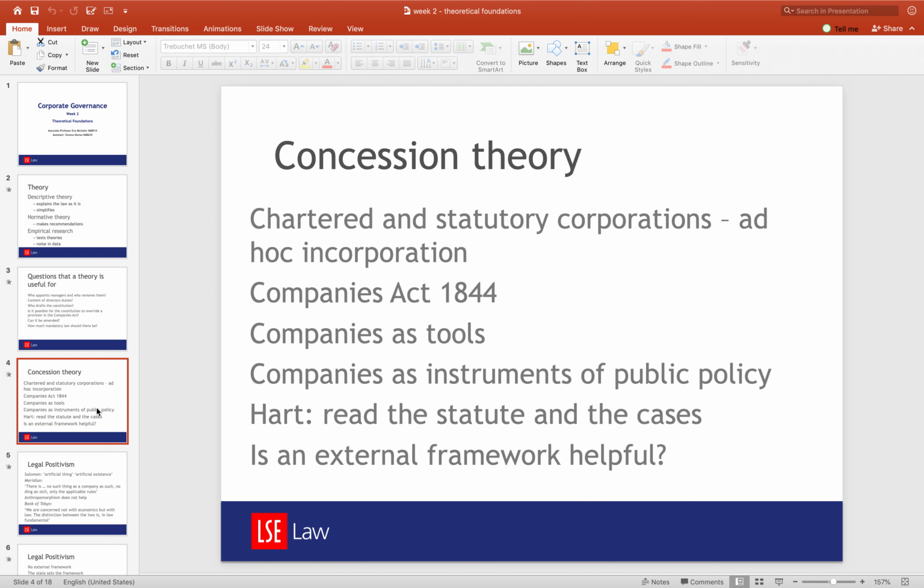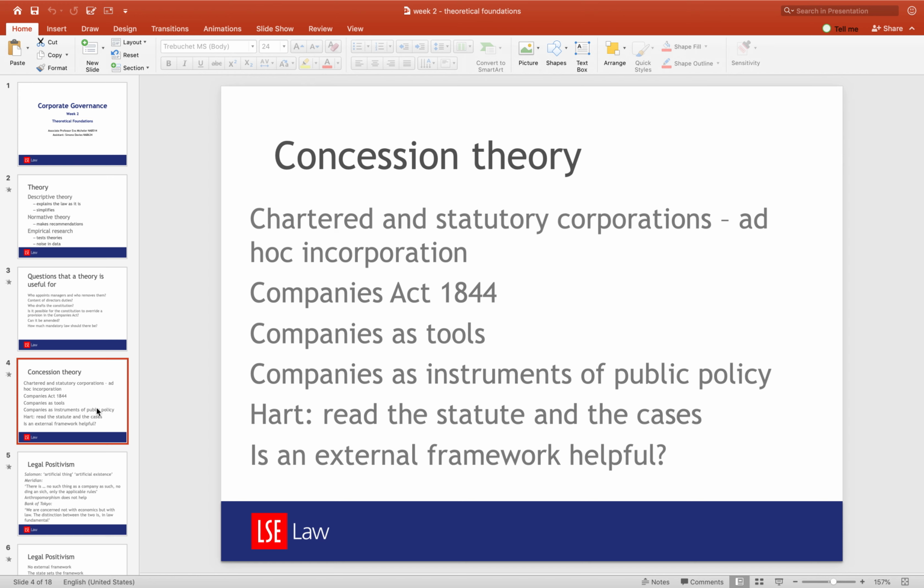So the idea was they're available on an ad hoc basis, and you need to apply either to the Crown or to Parliament to get special permission to have a company incorporated. That ended in 1844 when companies became generally available. All you had to do was follow the procedure set out in the Companies Act. And once you did that, you register your company.